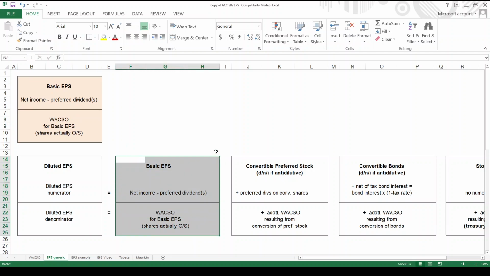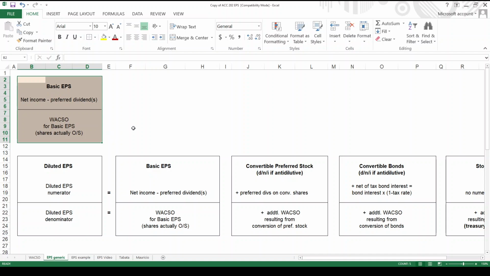Now, if this particular company you're looking at does not have any convertible preferred stock, doesn't have any convertible bonds, and doesn't have any stock options or warrants outstanding, then you are done. Okay, you have what they call a simple capital structure, which is devoid of potentially dilutive securities.